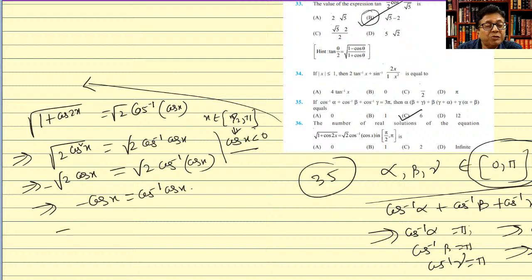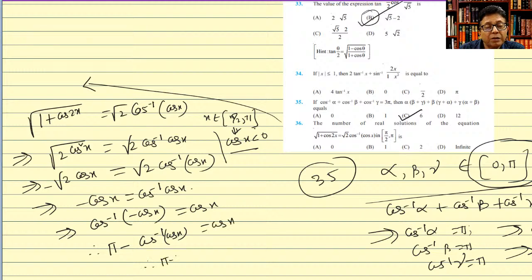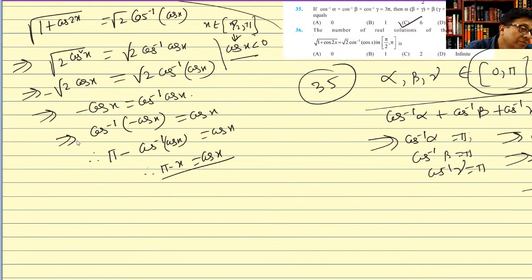This is coming to be pi minus cos inverse cos 6. You have the formula, properties. So pi minus 6 equal to cos 6 is the equation. Now what to do? You go by graphical method.